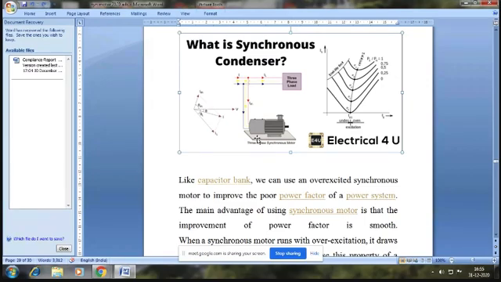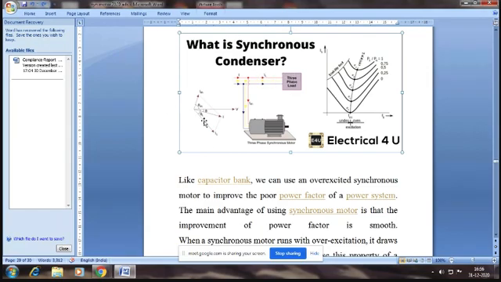Okay, sir. Or when it is over excited. If over excited, then the motor will operate at a leading power factor. So that is what we have shown in the phasor diagram. Look, first the applied voltage V, which is common to both the loads, an inductive load as well as the synchronous motor load. Assume that we have only the inductive load, then the current taken by that is shown as IL.